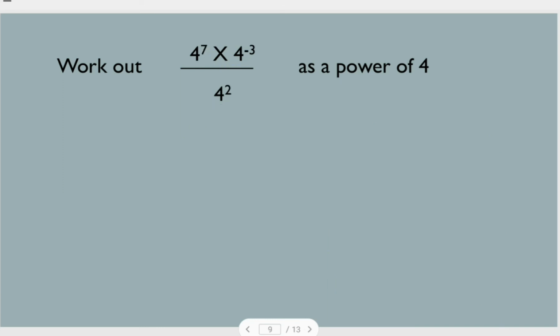Right. In this sum, I'm going to have a minus figure. So either you can convert this minus sign into a positive sign by using the reciprocal, or you can work it as it is. Let me do it in both ways. First of all, I'm going to convert it into a reciprocal and remove the minus sign.